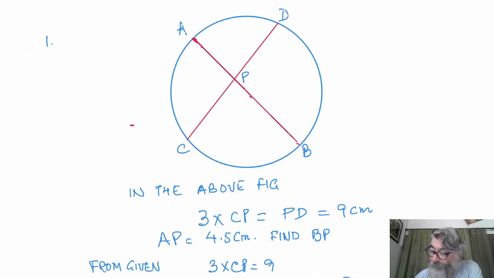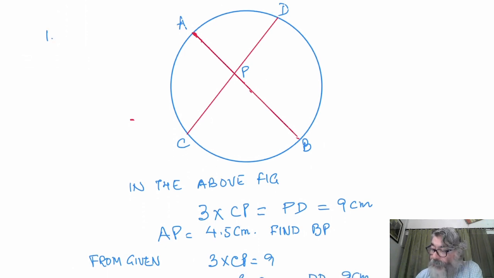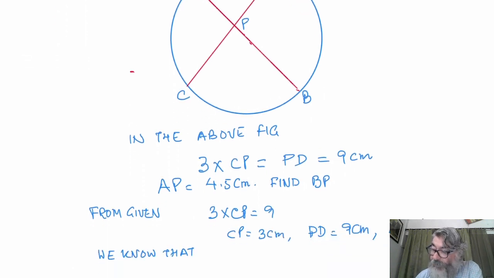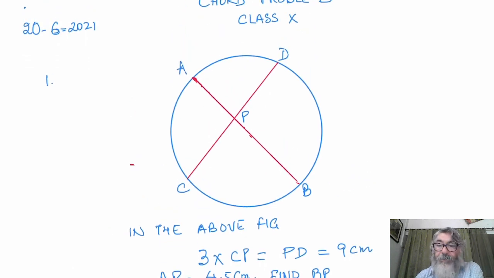We know that the product of the lengths of the segments of the chords when they intersect internally or externally are equal. So PA into PB is equal to PC into PD.